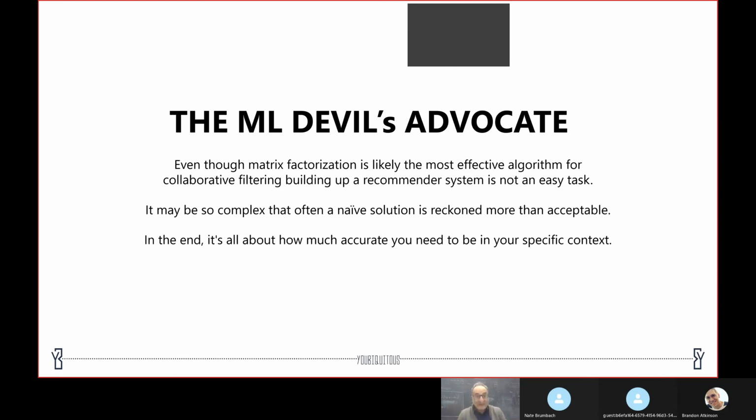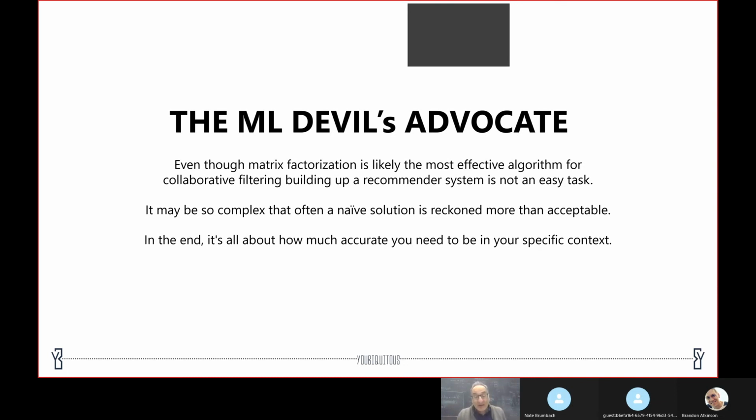Back to matrix factorization and closing up the conversation of today: even though matrix factorization is the most effective algorithm for recommendation, implementing it beyond the packaging that we get out of ML.NET and other frameworks in other technology stacks is not easy.